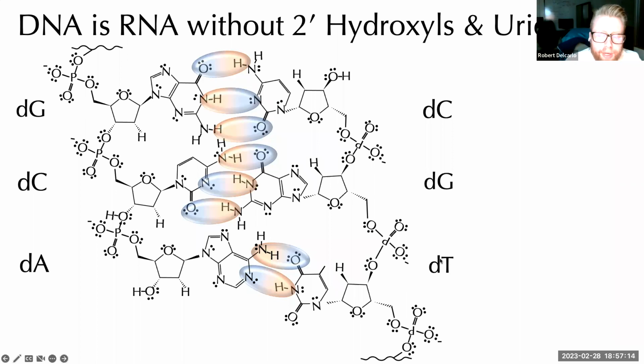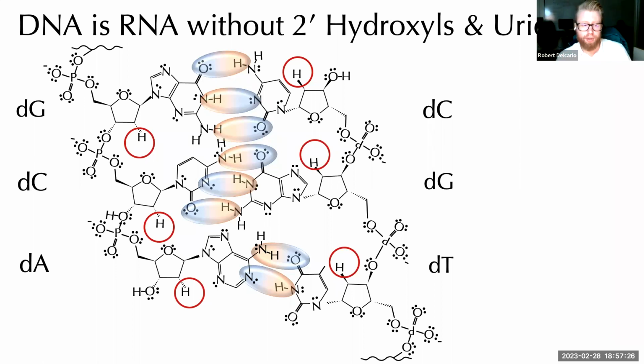Now, again, I want to point out some structural differences here. We've got hydrogen at the 2' of each of these sugars instead of the hydroxyl group. That goes back to the structure of the RNA polymerase in particular. It's only going to recognize this because if these were all hydroxyl groups, they'd be too bulky and they wouldn't fit in the polymerase active site like we talked about earlier.